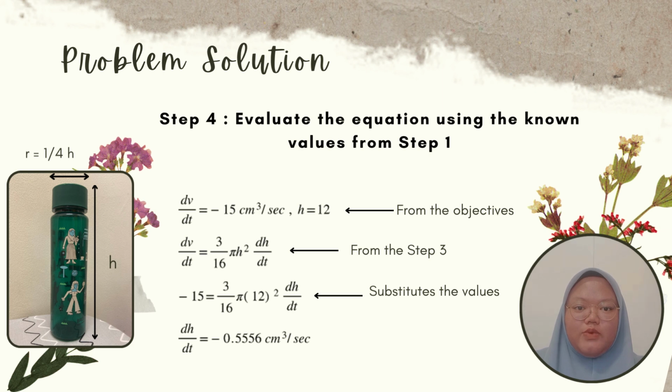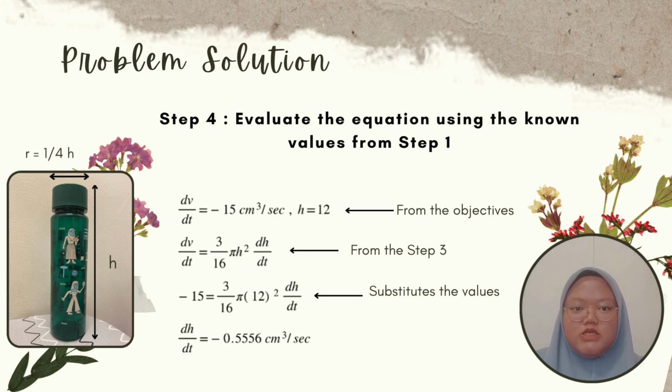Last but not least, step number 4. We need to evaluate the equation using the known values from step 1. From the problem statement, we have the derivative of V with respect to t equal to negative 15 cm³ per second, and the height is 12 cm. From step 3, we differentiated both sides implicitly with respect to time and got the derivative of V with respect to t equal to 3/16 pi h squared times the derivative of h with respect to t.